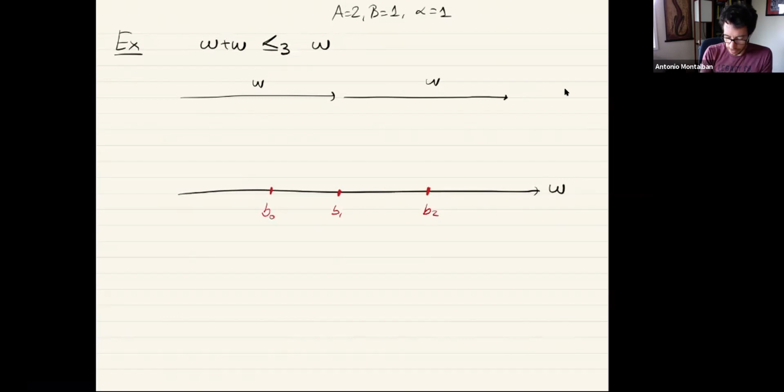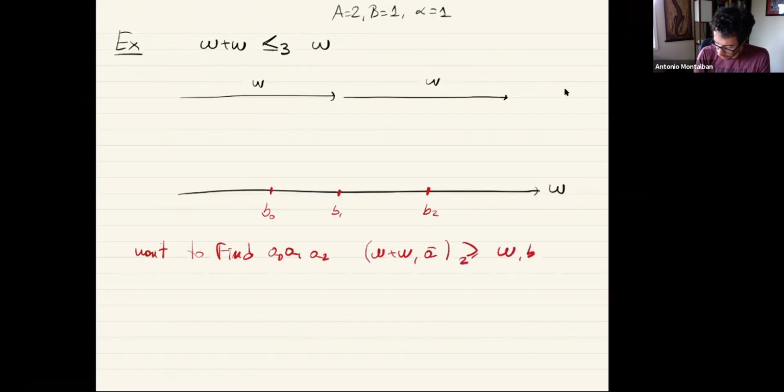And we want to find a tuple A0, A1, A2, such that omega plus omega with the tuple of A's, with those 3 A's, is greater than or equal to omega with the tuple of B's, right? That's what we want.